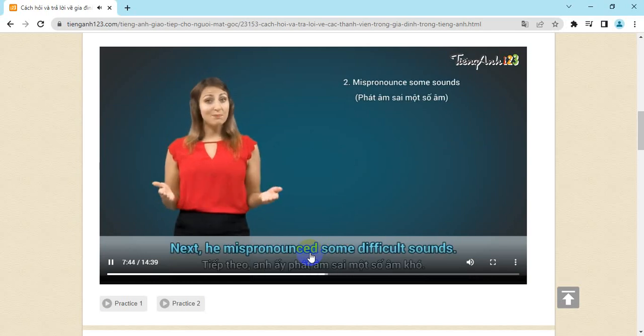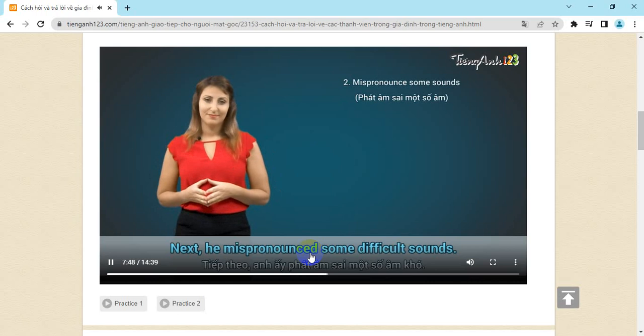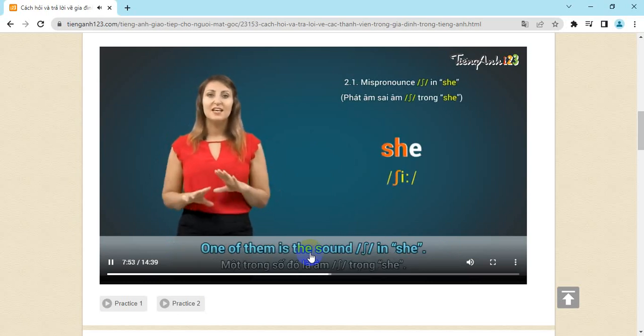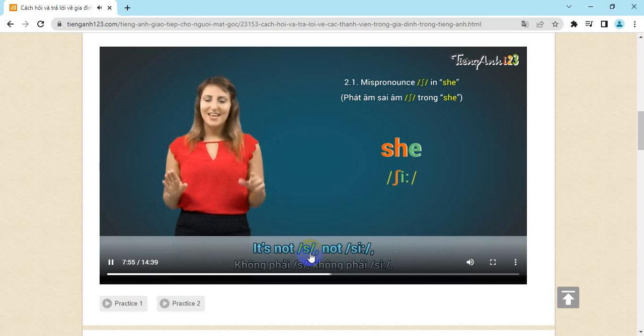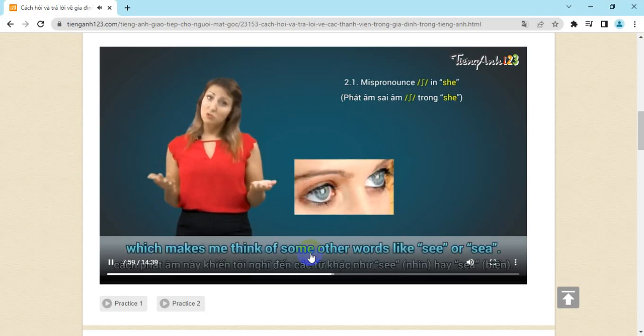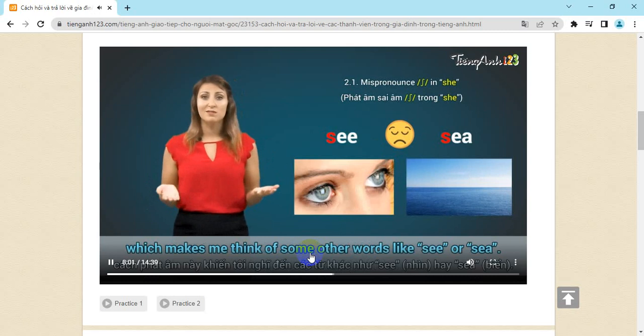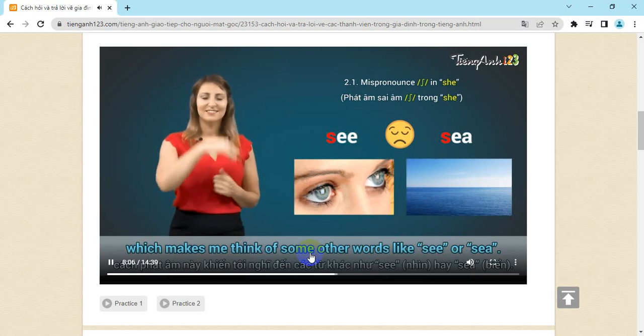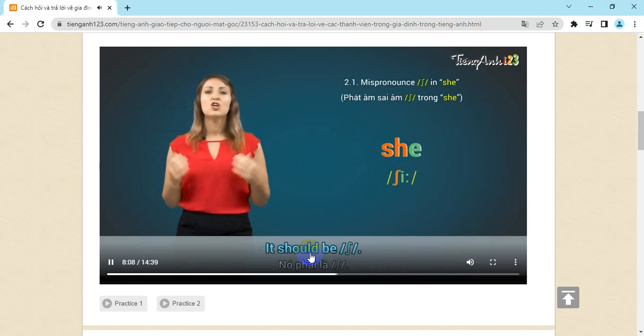Next, he mispronounced some difficult sounds. One of them is the sound sh in she. It's not s, not see, which makes me think of some other words like see. It should be sh.